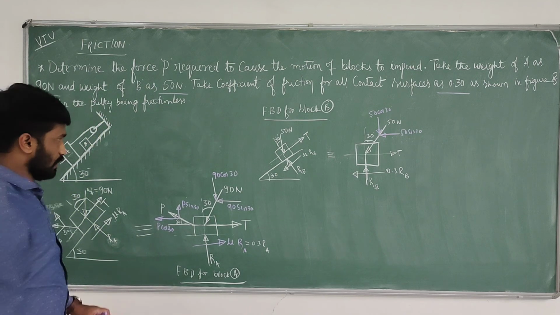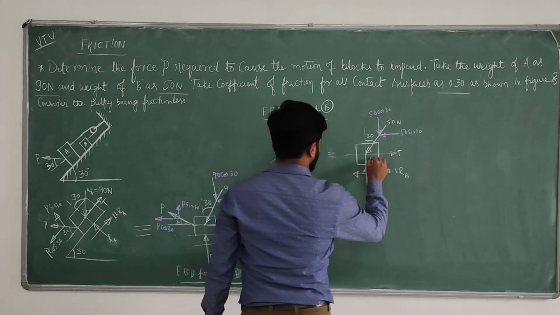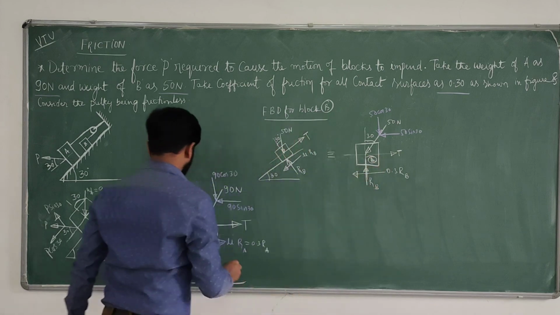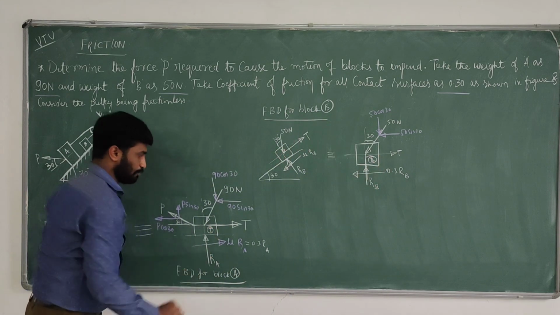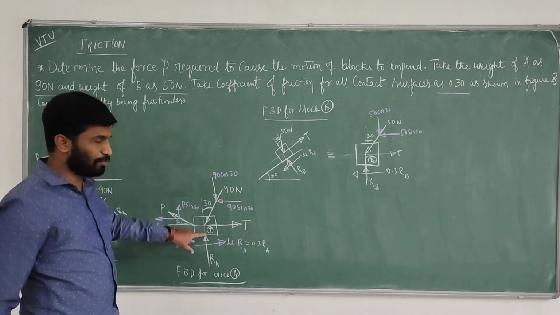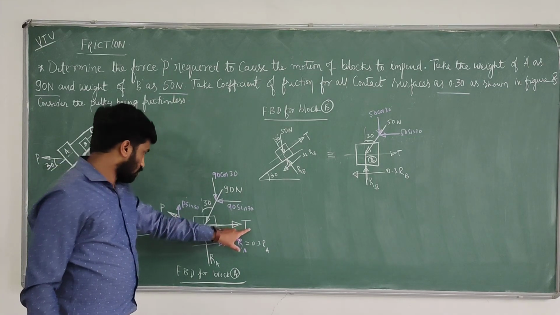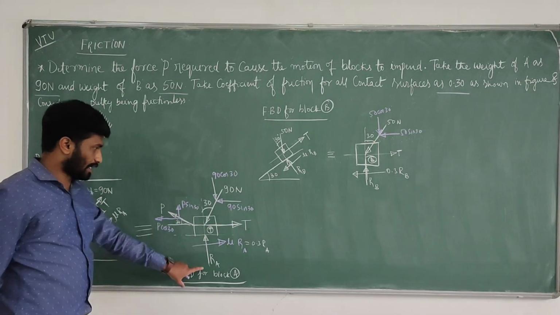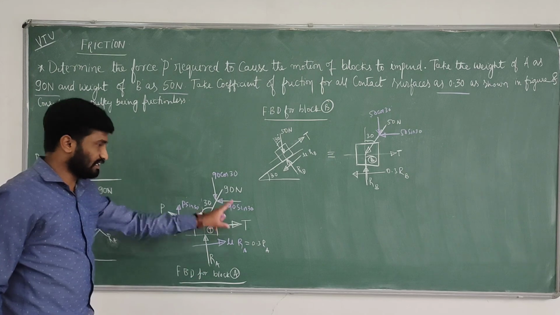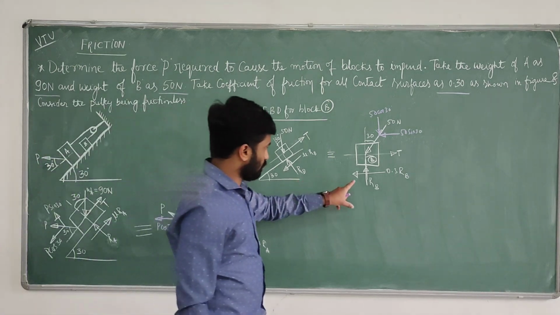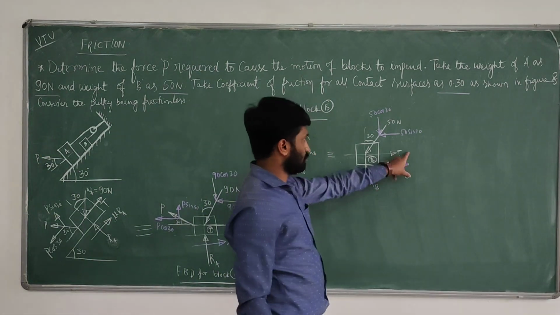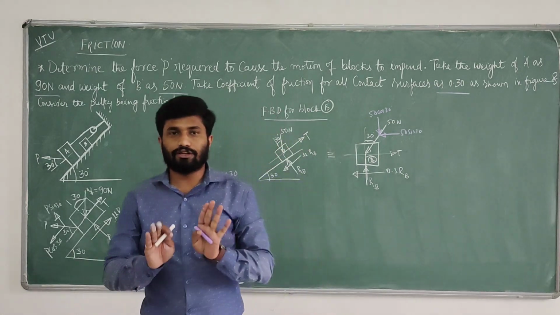Now observe, this is the FBD for block B, and this is block A. For block A, T is unknown, P is unknown, RA is unknown, so totally we have 3 unknowns. But if you consider block B, RB is unknown and T is unknown, so it has only 2 unknowns.